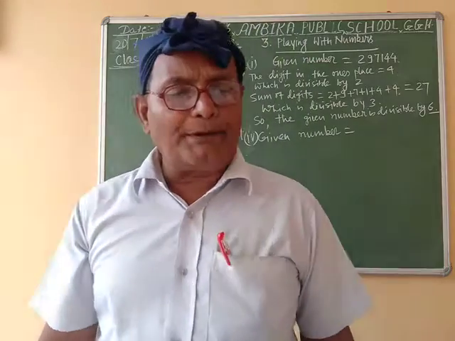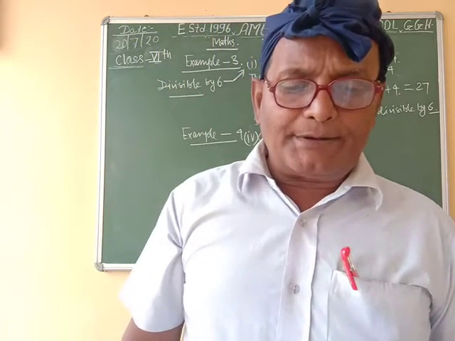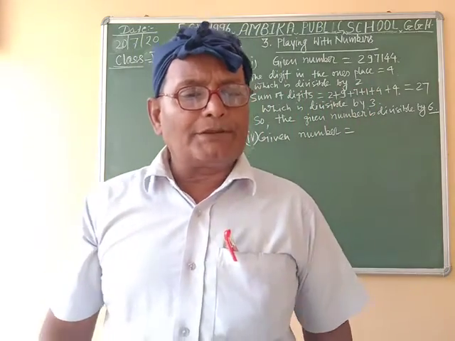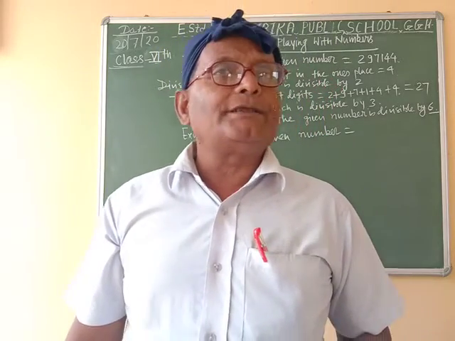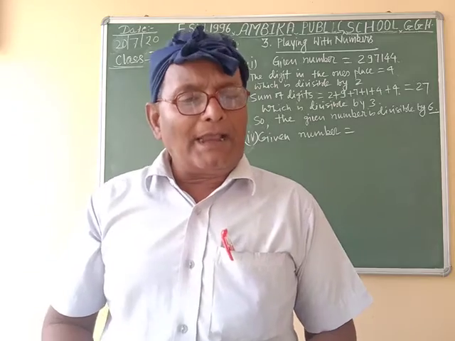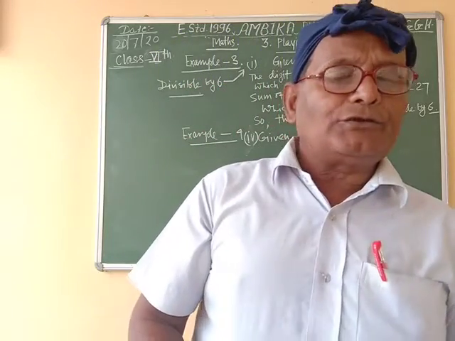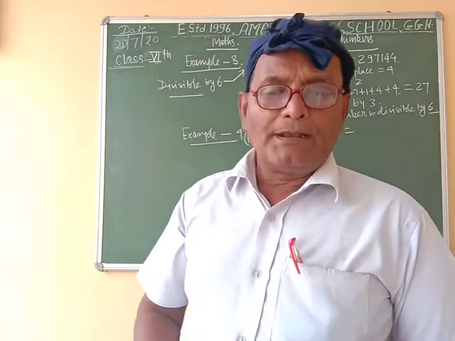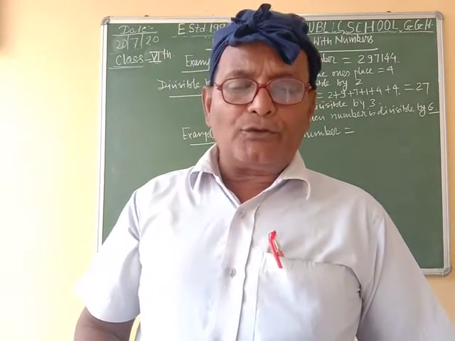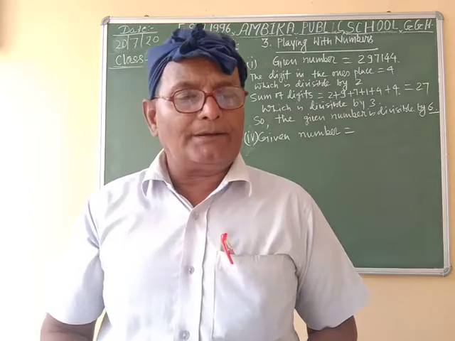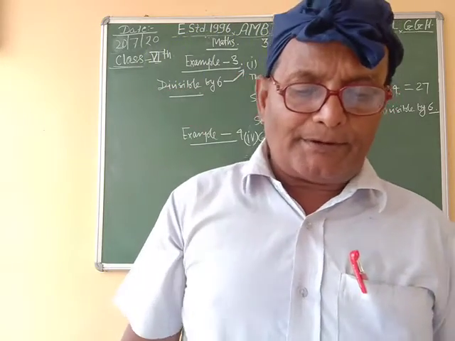We have learned in the previous class that a number is divisible by 11 if the difference of the sum of digits at odd places and the sum of digits at even places is equal to 0 or divisible by 11, then the whole number is divisible by 11.